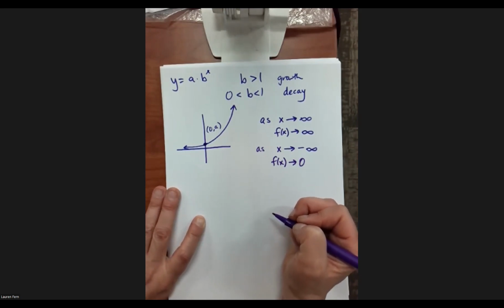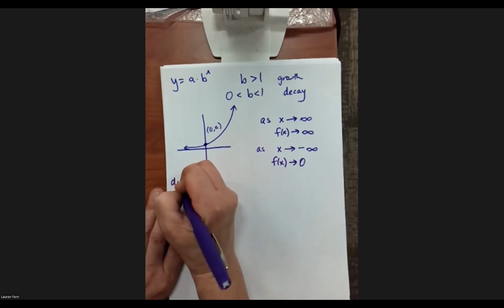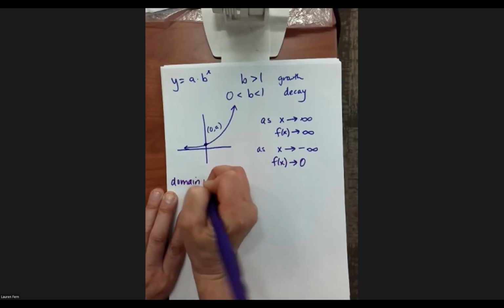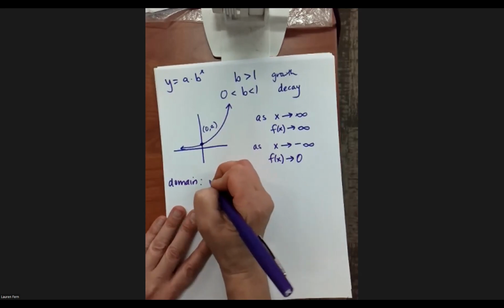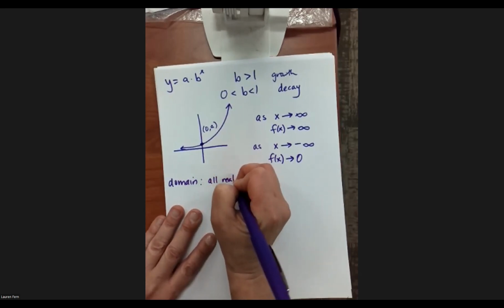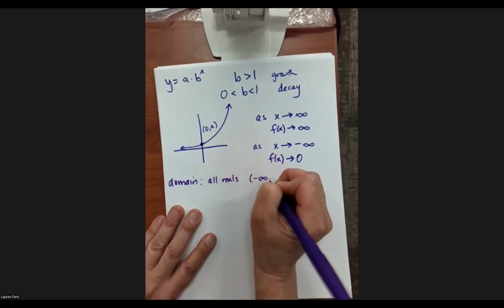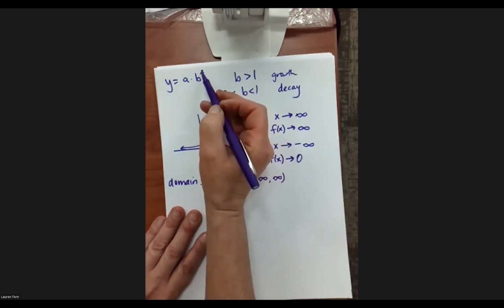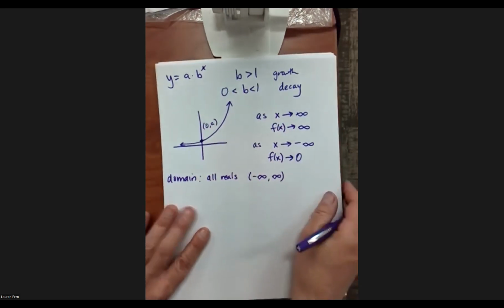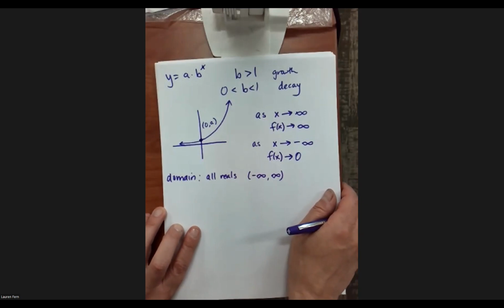Okay, so what I want to tell you in general about our exponential functions is that the domain of these are all reals. We have no limitations as to what we can plug in for our value of x. You can plug in any darn thing you want, positive, negative, fractional, whatever you want.